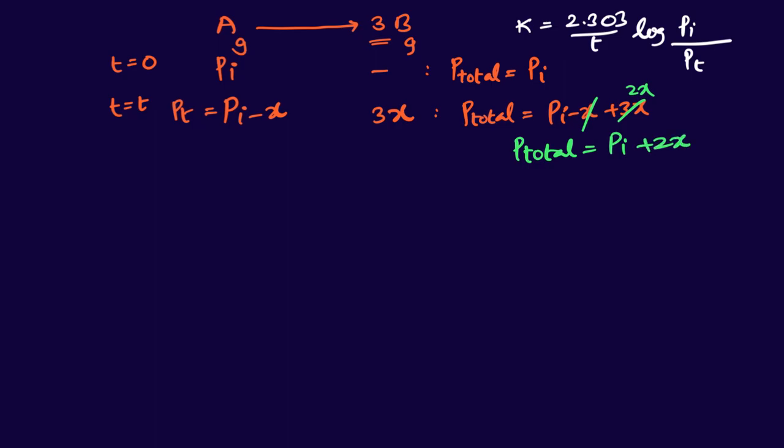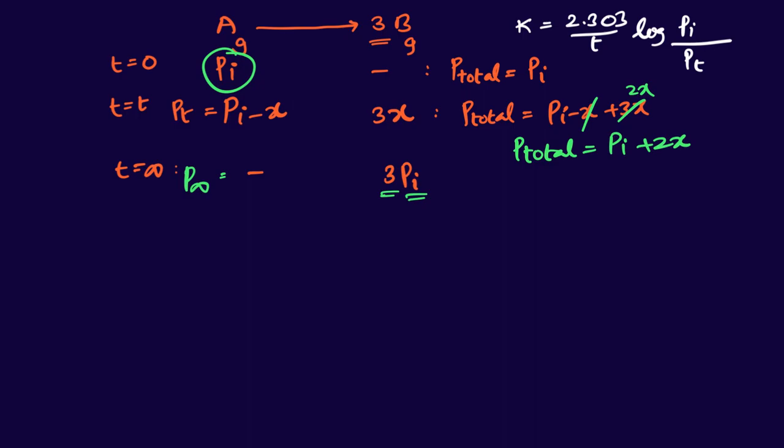One more new thing is here, in case time is infinite. So this is called totally 0, and this is called 3Pi, because whatever initial amount is present completely converts into product according to the stoichiometric coefficient. So this is called pressure at infinite time.